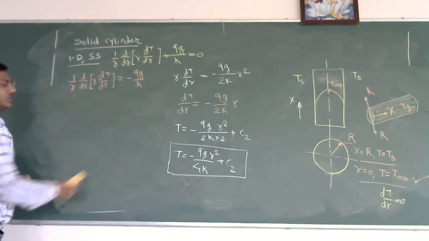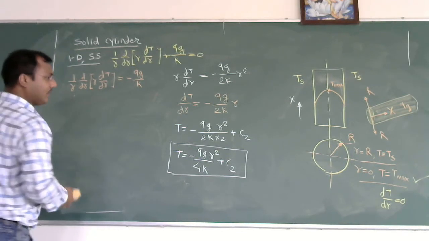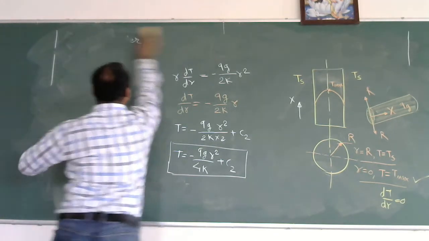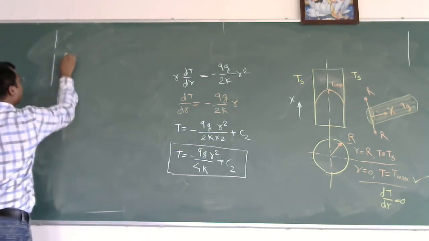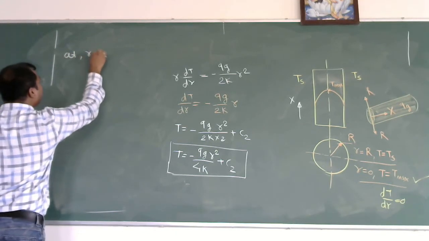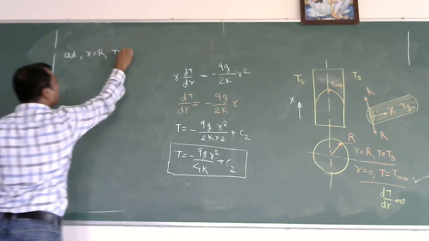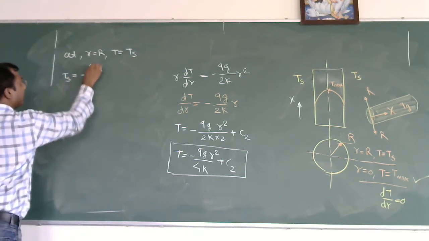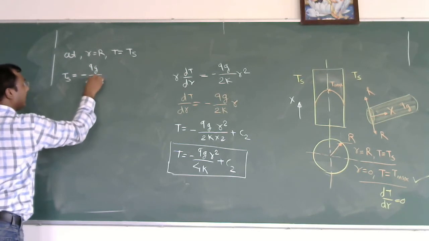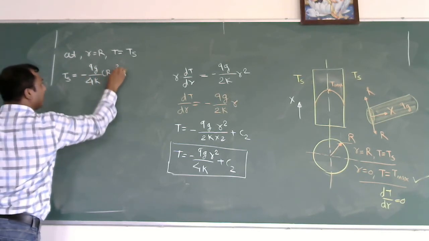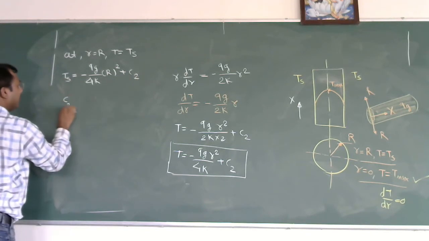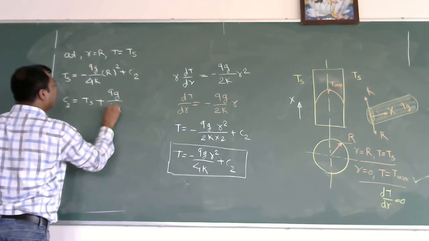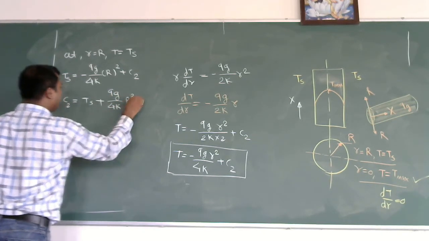To determine this constant, I put another boundary condition: at r is equal to capital R, T is equal to Ts, the surface temperature. So I can put Ts is equal to minus Qg by 4k capital R square plus C2. This will give me C2 is equal to Ts plus Qg by 4k into R square.